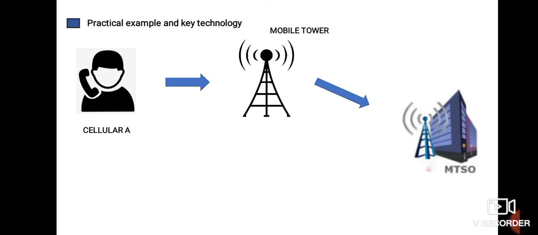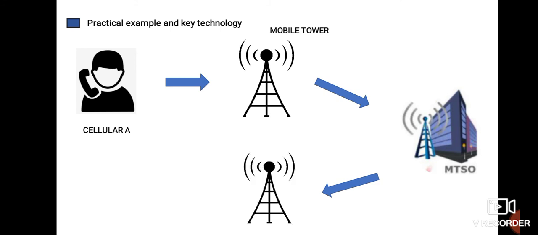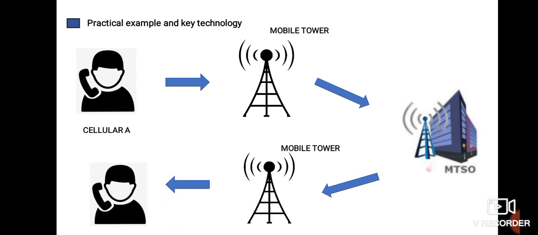It is directed through the MTSO, the mobile switching station, and then redirected to the person you're speaking to with the help of the tower nearby that person. The person you want to call receives the call, and then you speak.